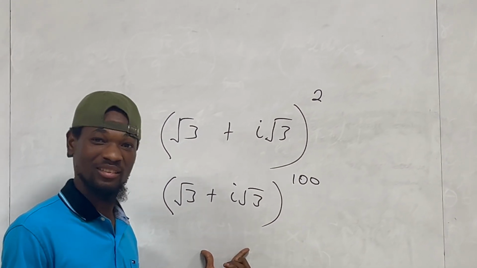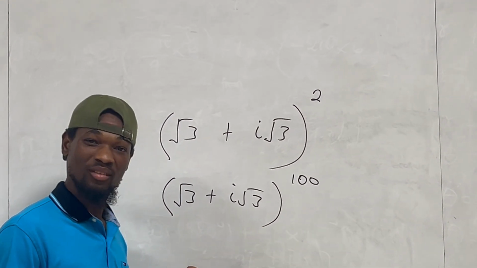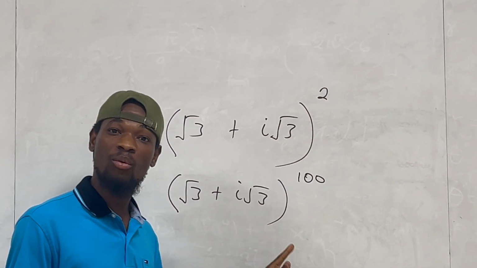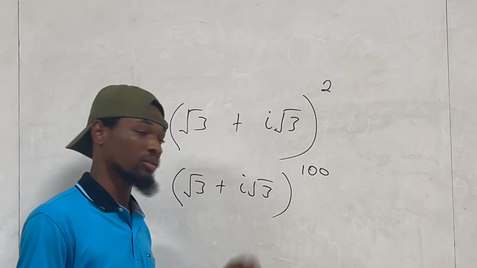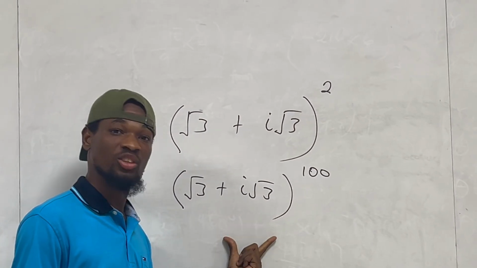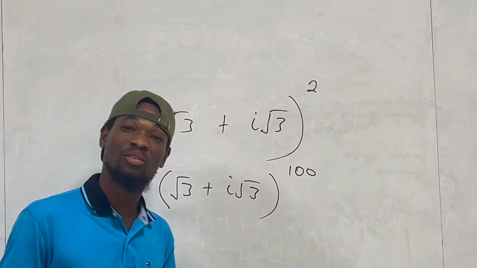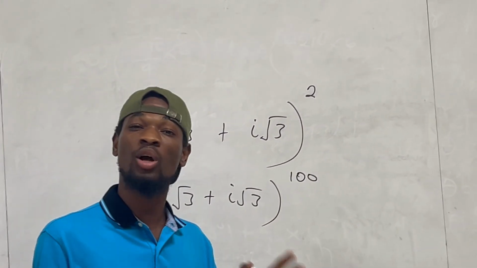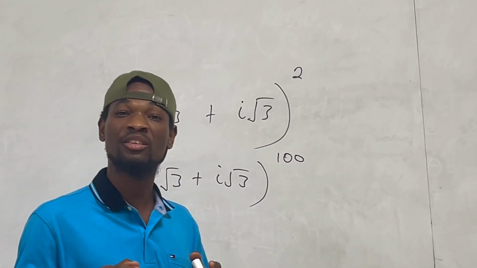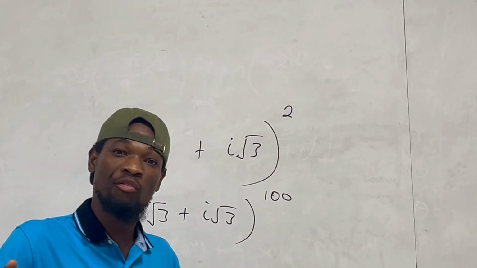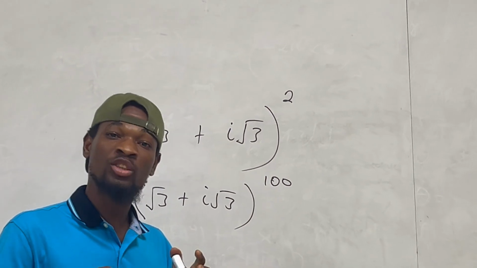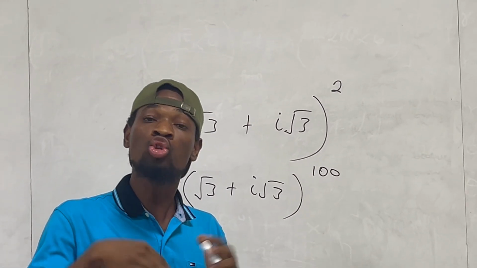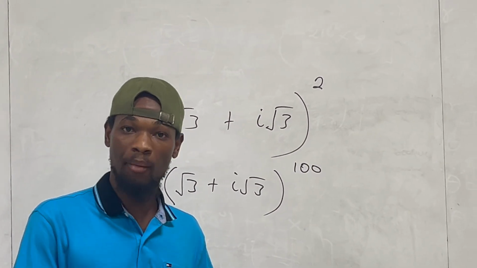Oh, viewers, how would you be able to do this? To the 100th power, that would be very difficult to do. In order to solve this question, you will really suffer. As a result, we need to employ de Moivre's theorem. So de Moivre's theorem is simply used to find powers of complex numbers, and it is also used to find roots of complex numbers.